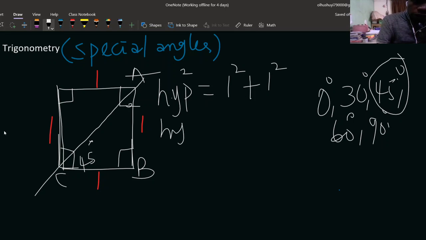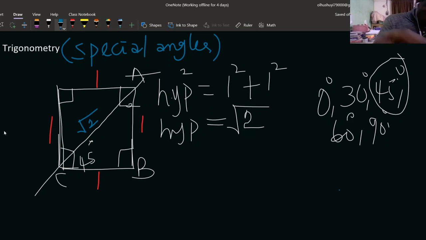So hypotenuse squared is equal to 2, 1 plus 1. So the hypotenuse will be equal to the square root of 2. Do you get that?